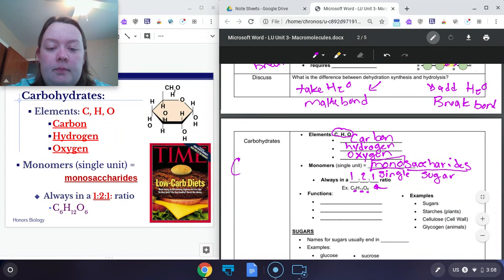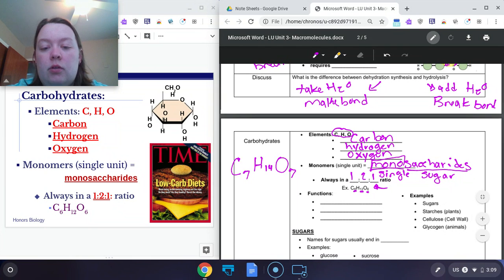We're going to have carbon, hydrogen, and oxygen. Carbon and oxygen are always going to be equal, so if we had 7 and 7, hydrogen is going to be double the amount of carbon.